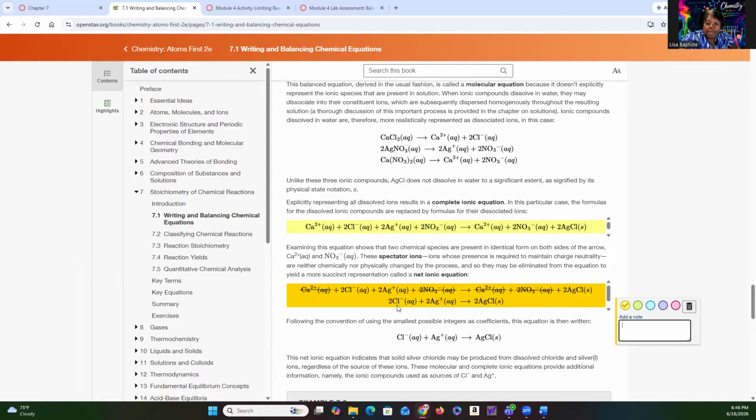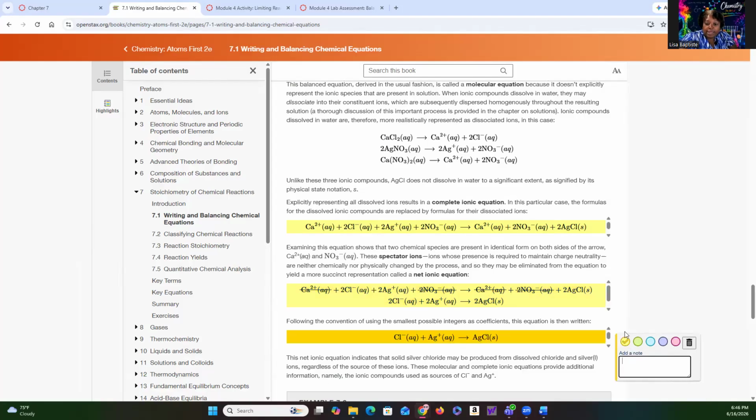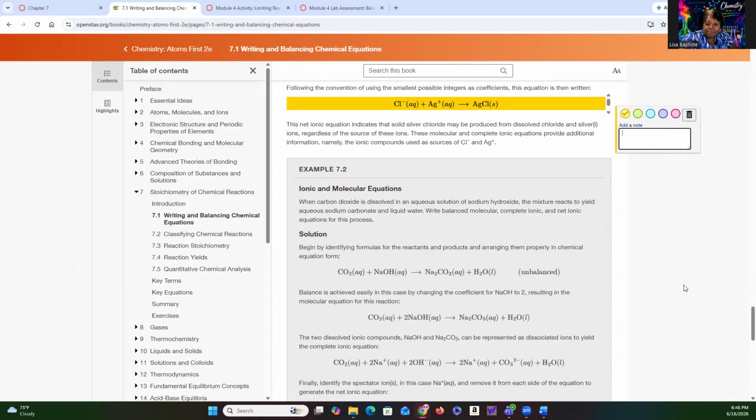So we have 2Cl minus aqueous plus 2Ag plus aqueous produces 2AgCl solid. That is your net ionic equation, okay? Because they each have a coefficient of 2, we can reduce those so that we have our final answer of Cl minus aqueous plus Ag plus aqueous produces AgCl solid, okay?